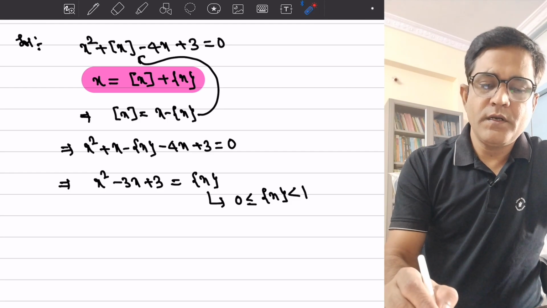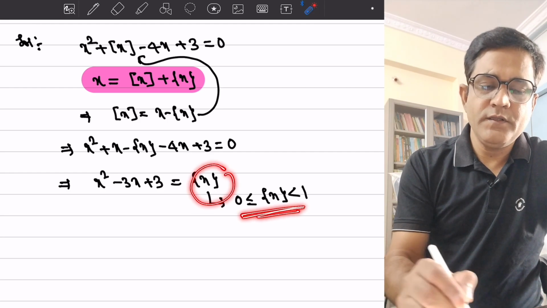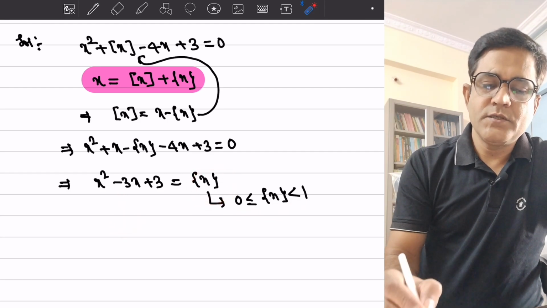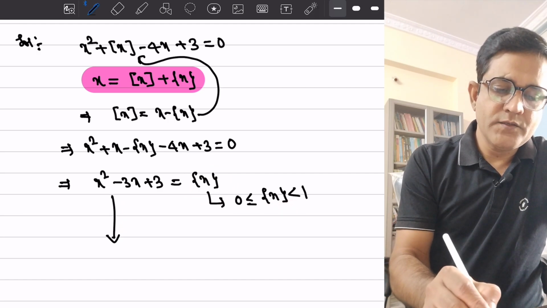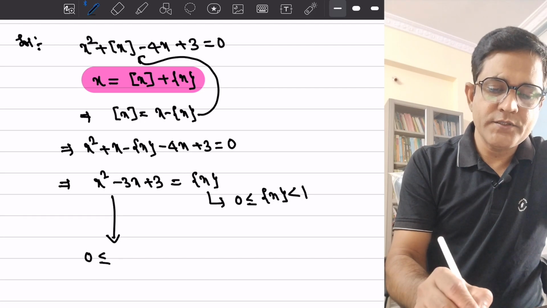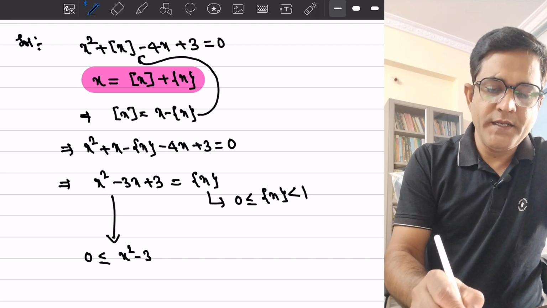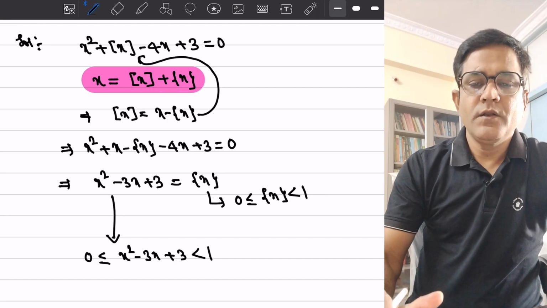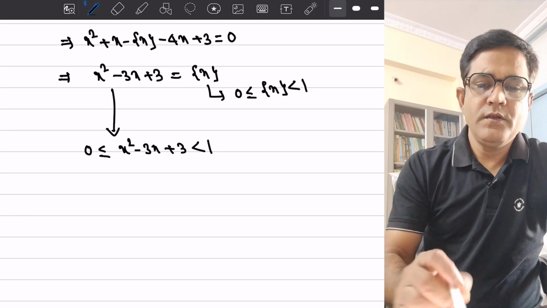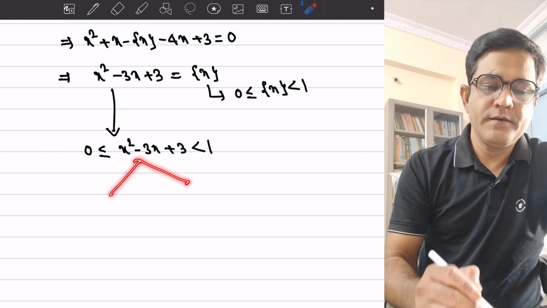Now, the right hand side lies in [0, 1), therefore the LHS must also lie in [0, 1). So, 0 ≤ x² − 3x + 3 < 1. Now we have to solve this inequality.